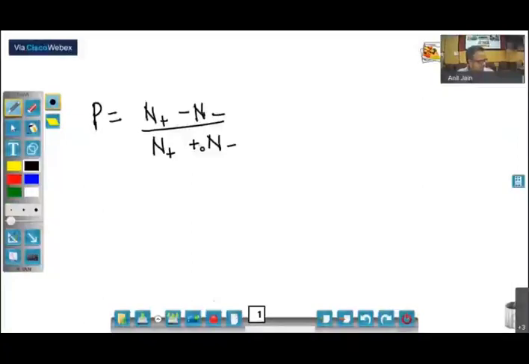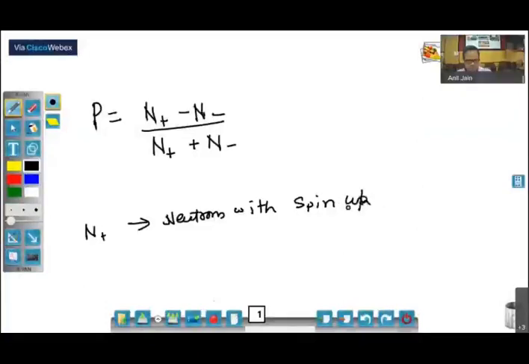Here n plus are the neutrons with spin up, and n minus are the number of neutrons with spin down.